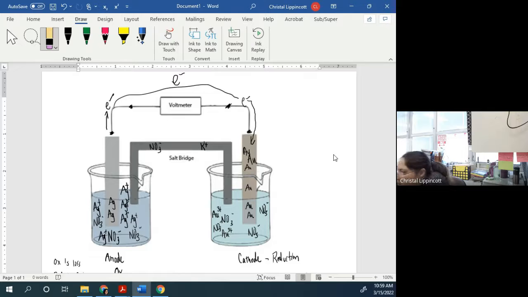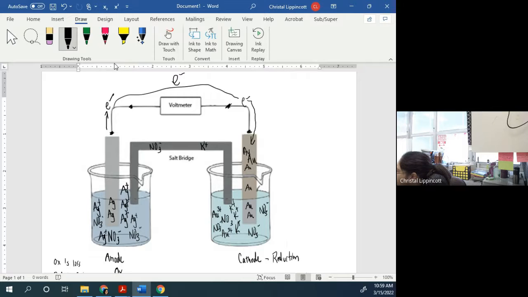So what has to happen is I've got to get 3 of these Ks to move down into here from the salt bridge to make up for the 3+ charge on this guy that I just brought in.